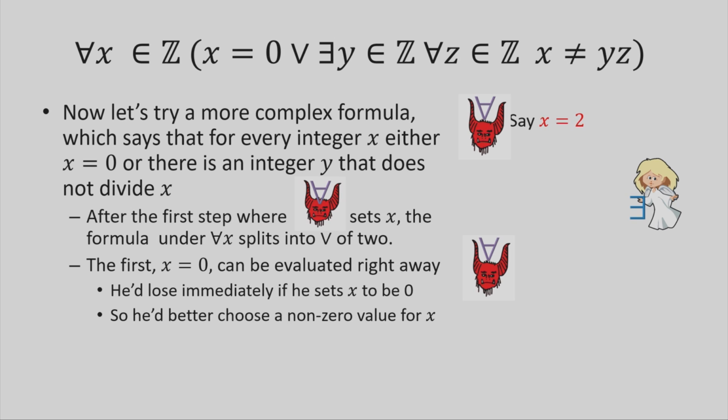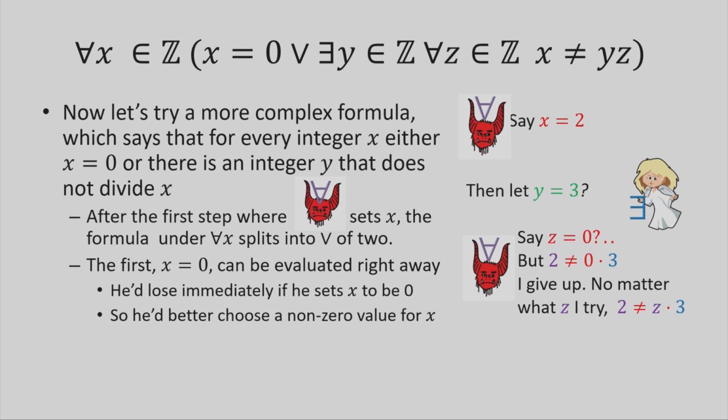Let's say he takes 2. What is she going to say? Say she will use the same strategy as before and take the x, add 1 to it, and reply with y. Maybe let's say y equals 3. Let's see if he's going to be able to beat that. z equals 0 doesn't work.